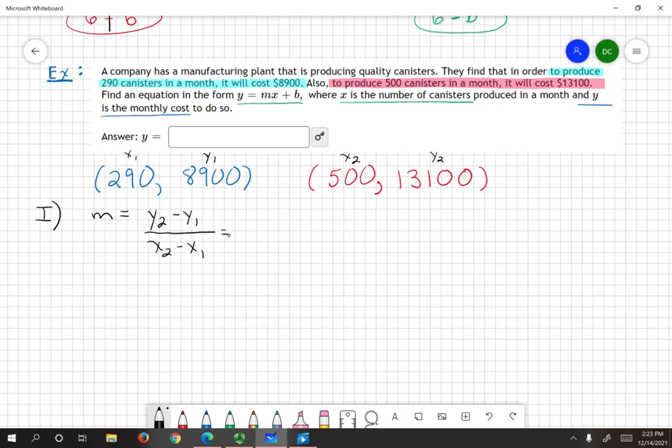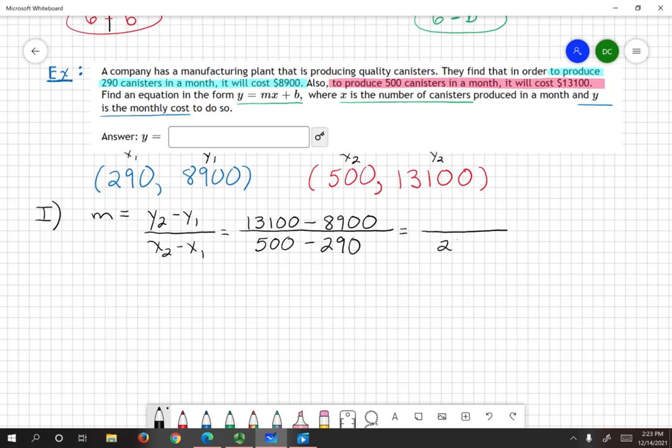By the way, if I switched those, it totally would still work. All right, so I've got 13,100 y2 minus y1 over x2 minus x1. Oh man.